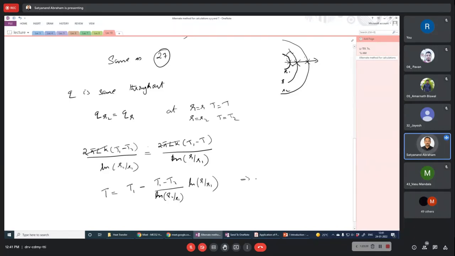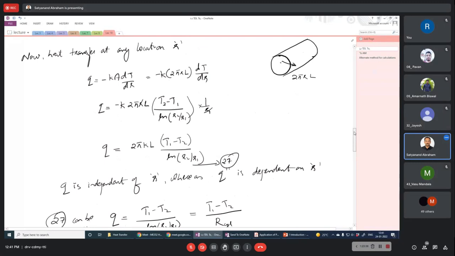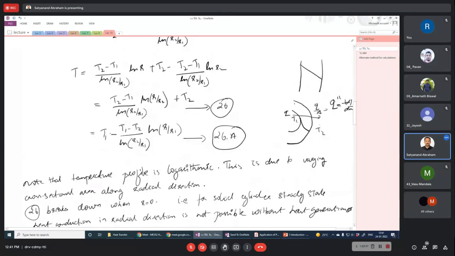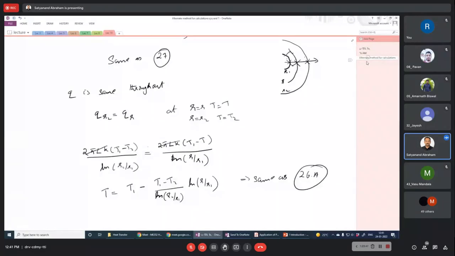This is the same as equation 26a. What is equation 26a? Equation 26a: T1 minus (T1 minus T2) divided by ln(R2 by R1) times ln(R by R1). So we got the same equation over here.